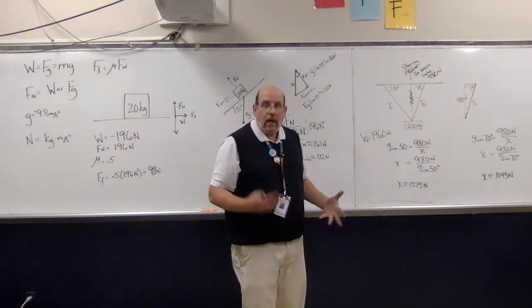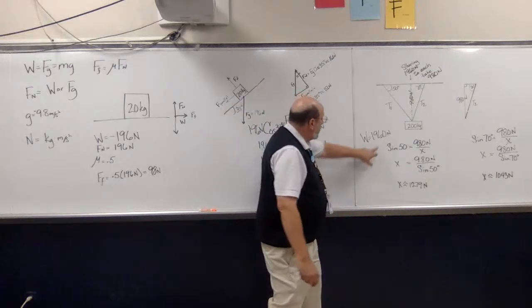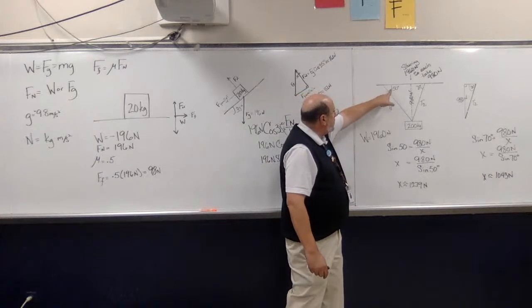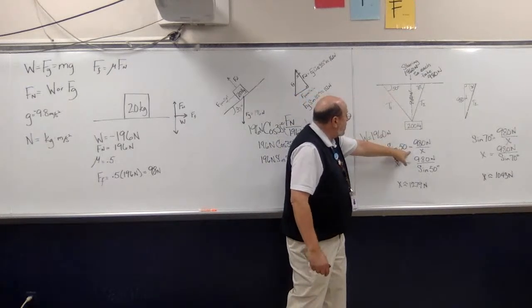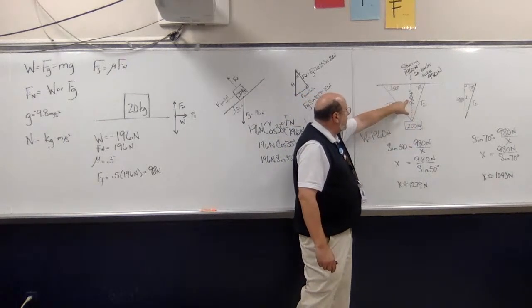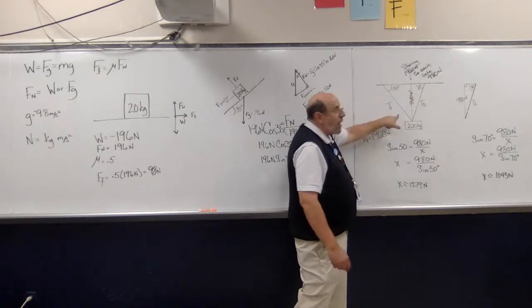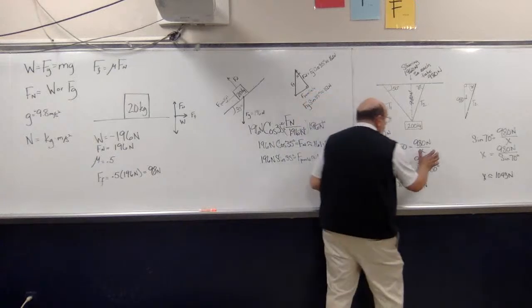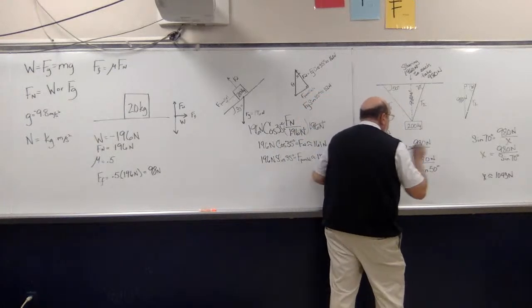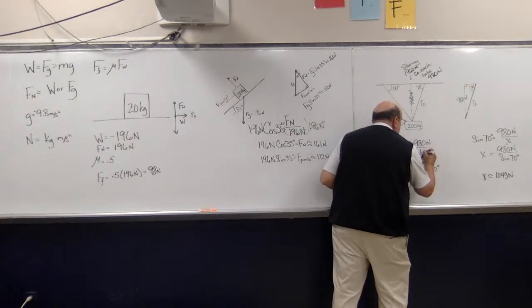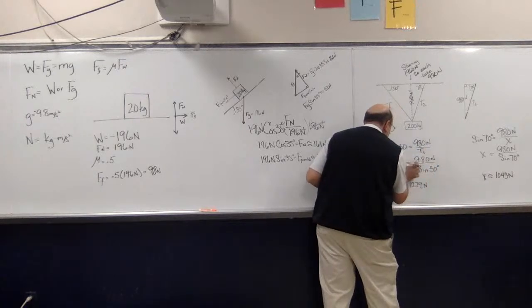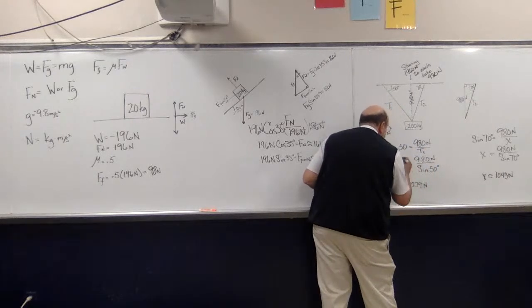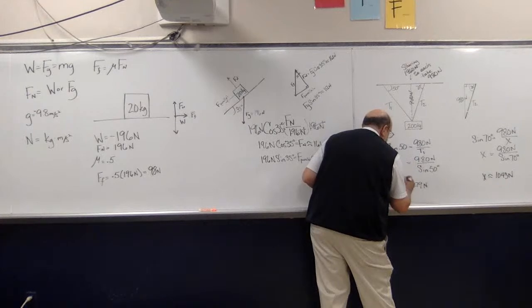So I'm going to write it all out, and then I'm going to solve. The sine of 50 degrees is equal to the opposite side over the hypotenuse. And that's what I'm looking for. I'll call it T1, because that's what I call it on the triangle above. And I'll fix it here. T1.